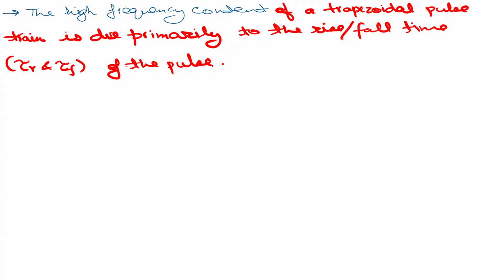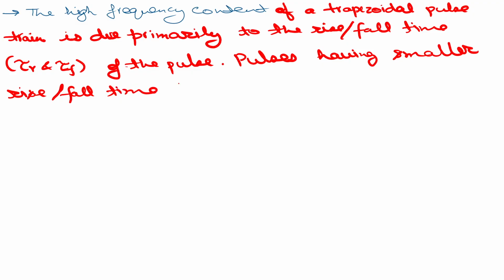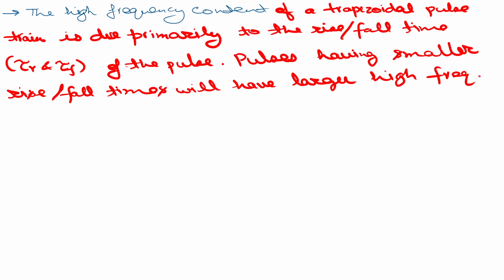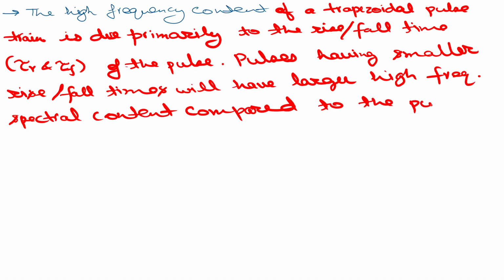Pulses having smaller rise and fall times will have larger high frequency spectral content compared to pulses having larger rise and fall times.